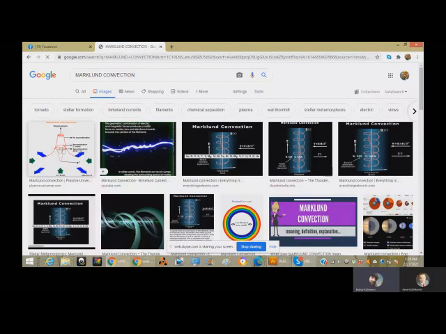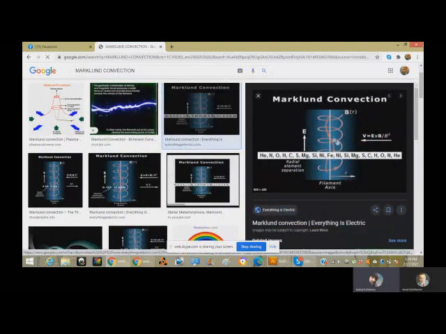I love this image because that's just exactly what happens inside of the Dougherty set here with Markland Convection and opposing spiral vortices. All of the different elements on different channels of different frequencies, or it seems like frequencies, but it's more like counter-rotating charge up and down filaments.